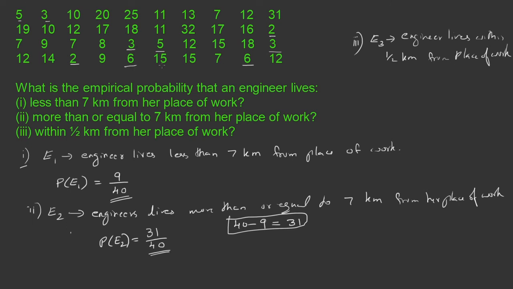How many engineers are living within half kilometer from place of work? From the data we can easily see that the number of engineers living within half kilometer from place of work is 0. Therefore, the probability of this event P(E3) is equal to 0 divided by 40, that is equal to 0.